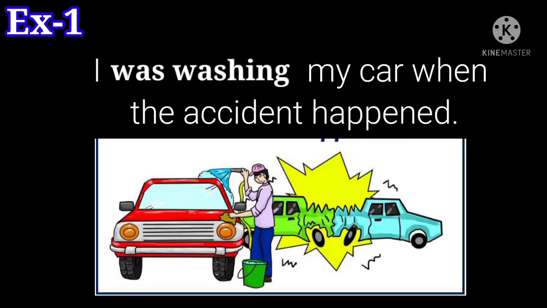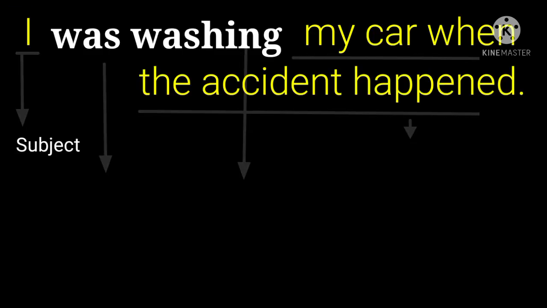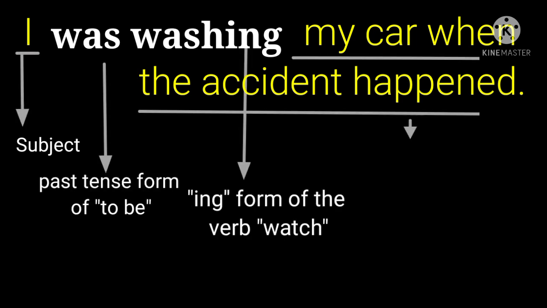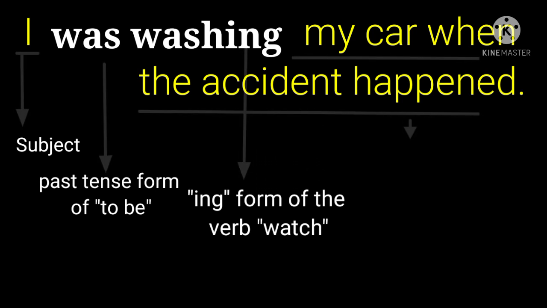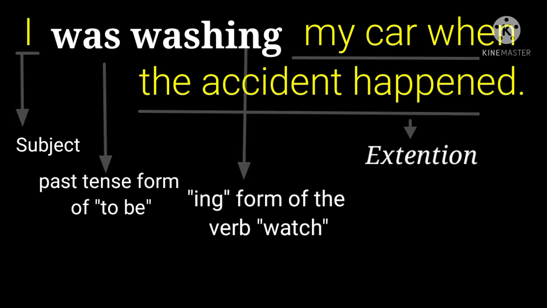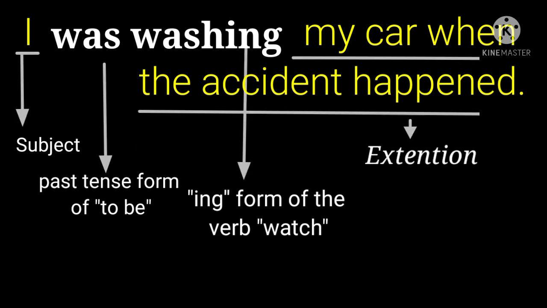The first example is, I was washing my car when the accident happened. Here, the words in bold are the verbs and they are in past continuous tense. And in this example, I is the subject, was is the past tense form of to be, plus washing, the ing form of the original verb wash, and the remaining part of the sentence is extension.